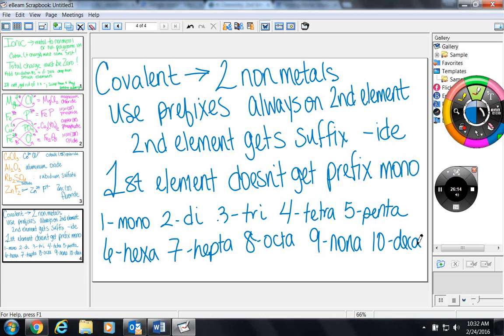So polyatomic ions look covalent, but they act ionic in how they bond. So they act like both. Can you give me a polyatomic ion and say I'm using that as a covalent compound? No, you cannot. It's an ion.